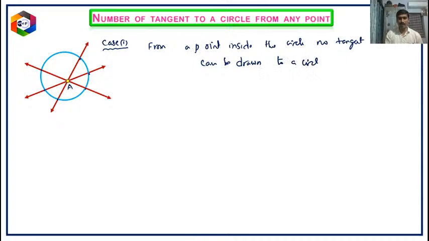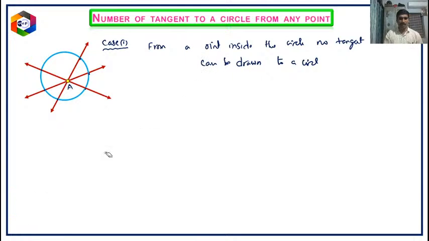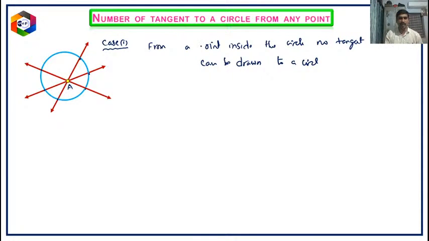Observe, children, అంటే ఏదైనా ఒక పాయింట్ తీసుకున్నాం అనుకోండి ఇన్సైడ్, ఆ పాయింట్ నుంచి మనం ఏ లైన్స్ డ్రా చేసినా అది సర్కిల్ని 2 different పాయింట్స్ దగ్గర ఇంటర్సెక్ట్ చేస్తుంది. So if it is intersecting at 2 different points, therefore it is not considered as a tangent. Therefore from inside a circle, how many tangents can we draw? If the question is asked, you have to give the answer that 0 tangents. Why? Because each and every line is a secant.